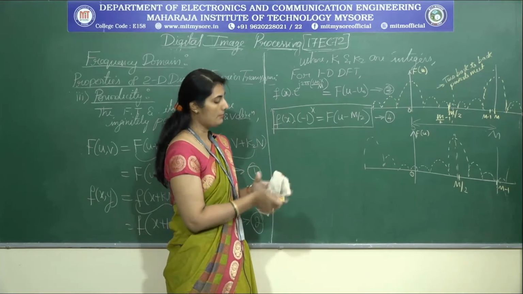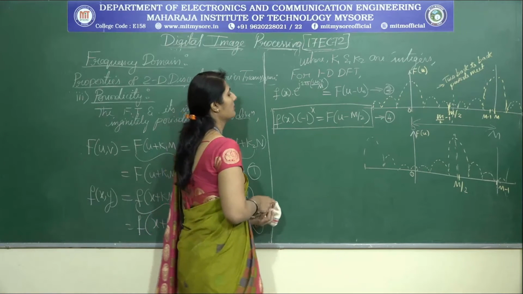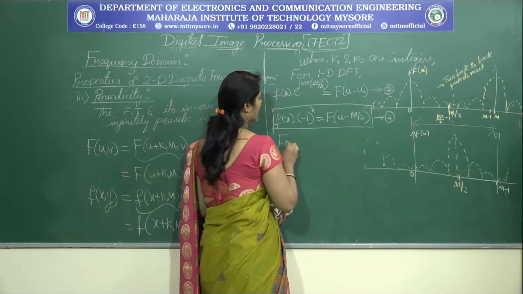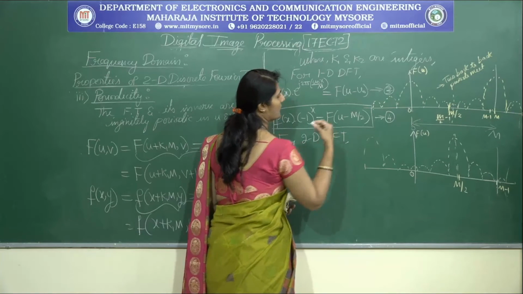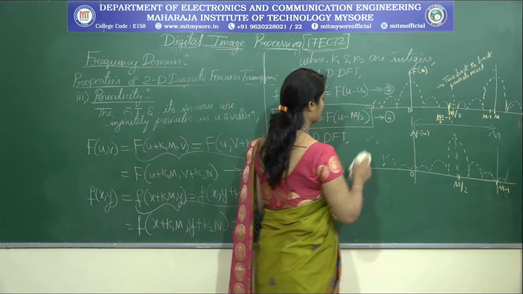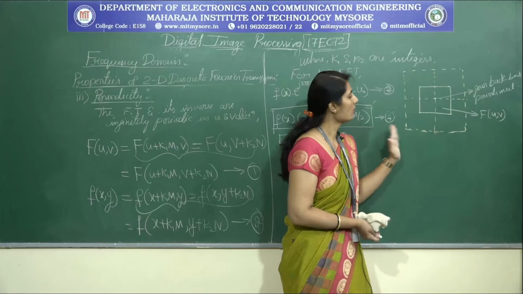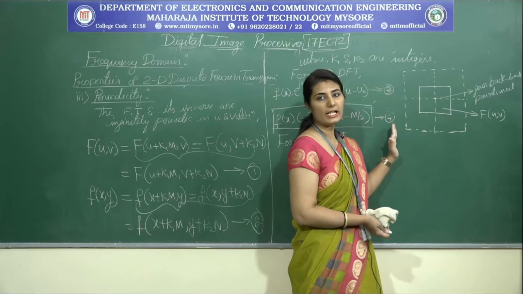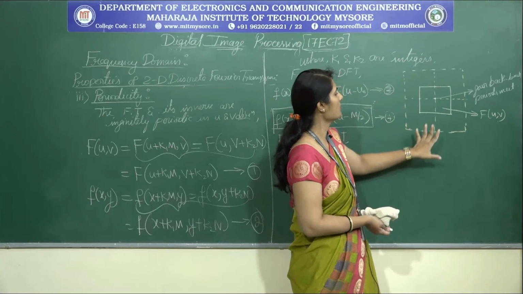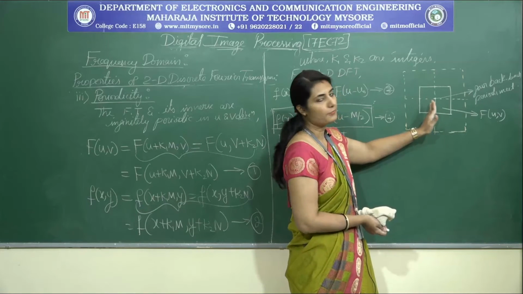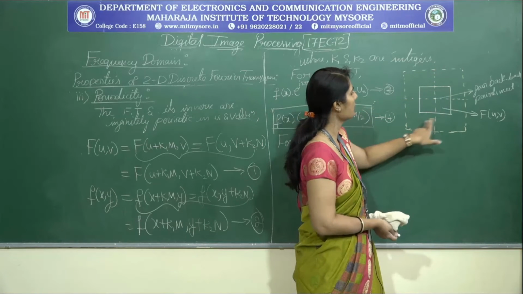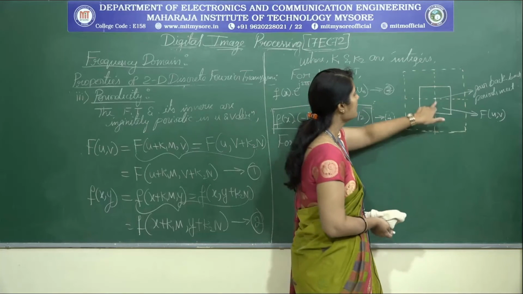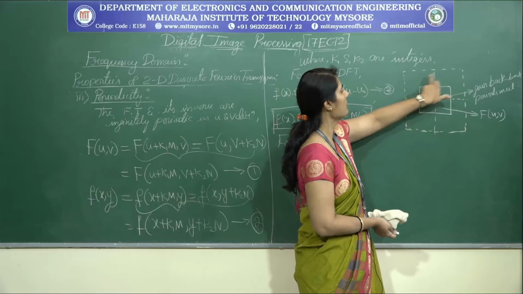Similarly, let me consider an example of a two-dimensional discrete Fourier transform image, F of u comma v. Here there are 4 periods, 1, 2, 3 and 4, and this is the point where the 4 back-to-back periods meet.